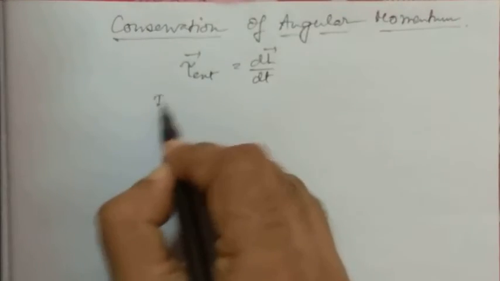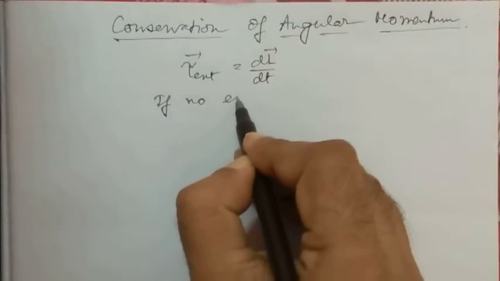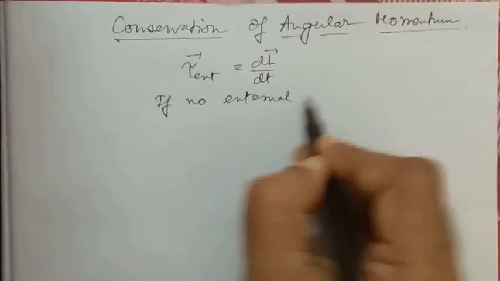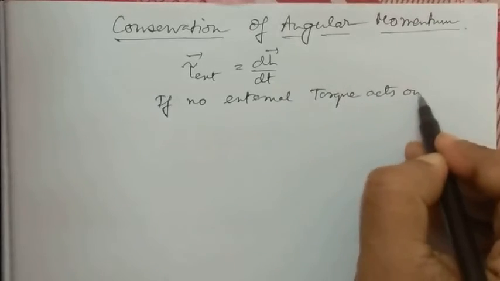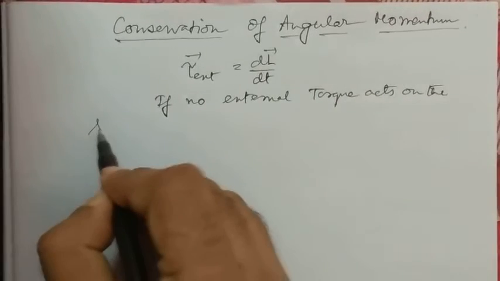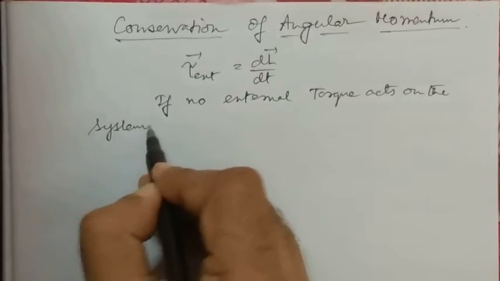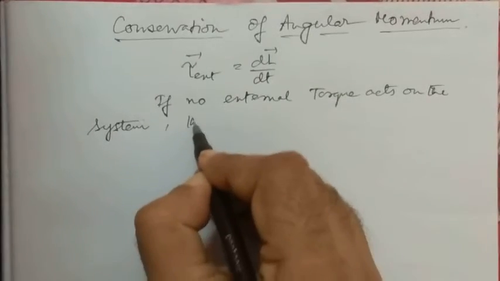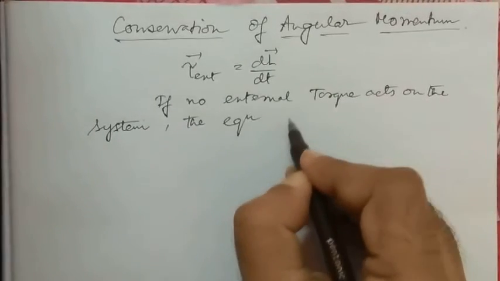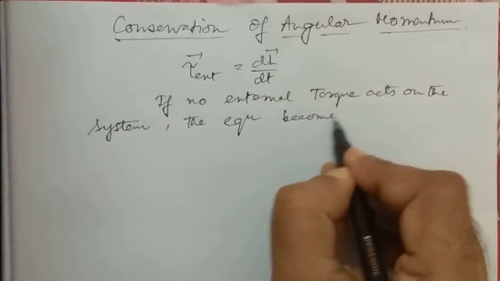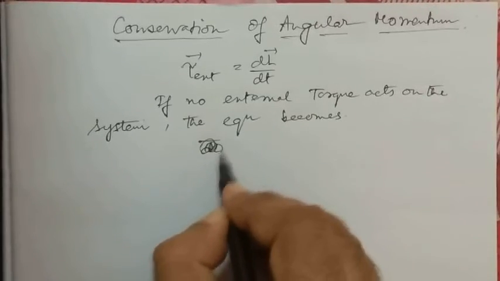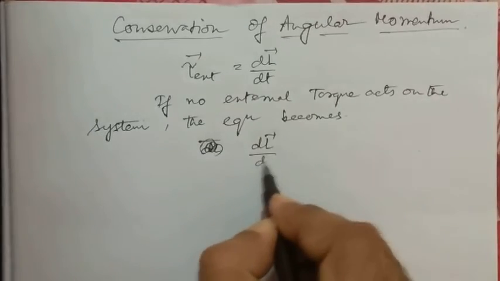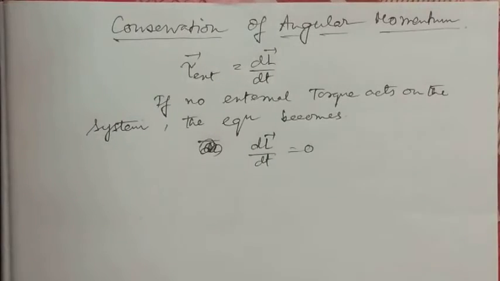Now if no external torque acts on the system, the equation becomes dL by dt is equal to 0.